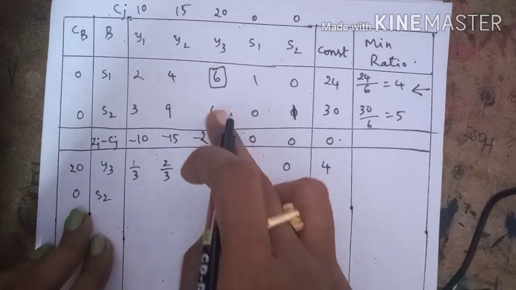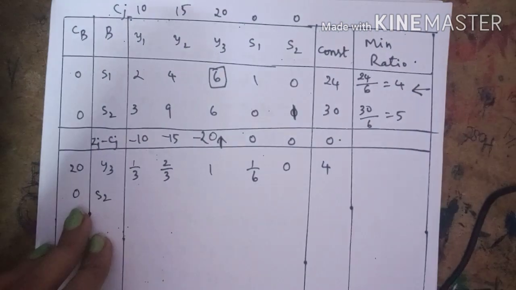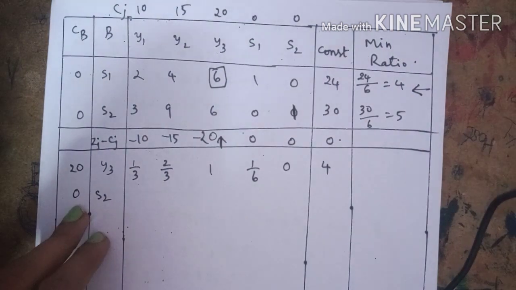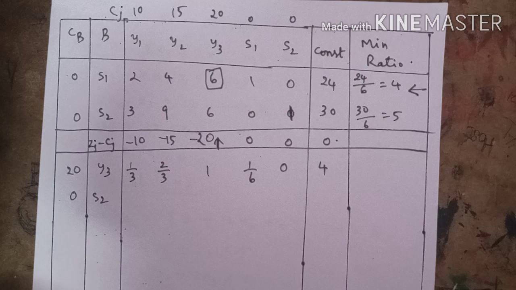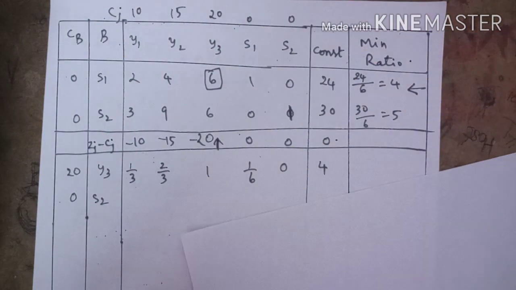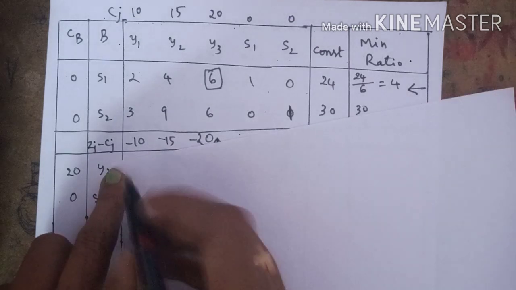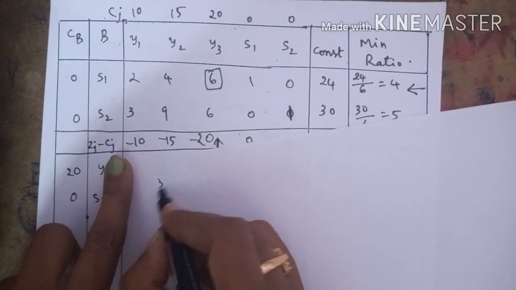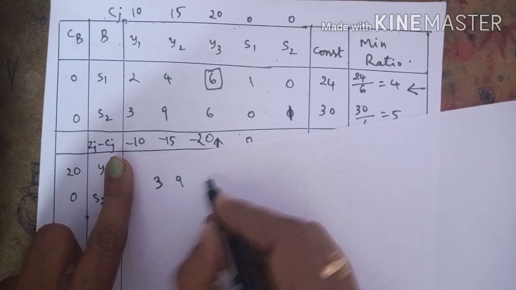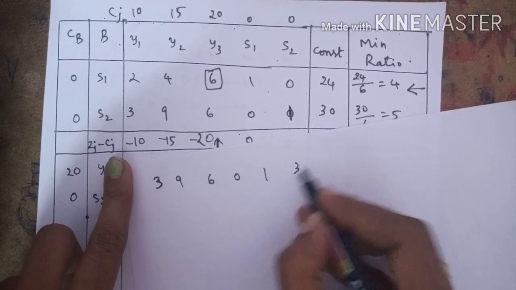Now here I have to convert this element into 0. How to convert that element into 0? I'll tell you. Whatever element we are going to convert into 0, first we will write that row. That is called the old row: 3, 9, 6, 0, 1, 30.